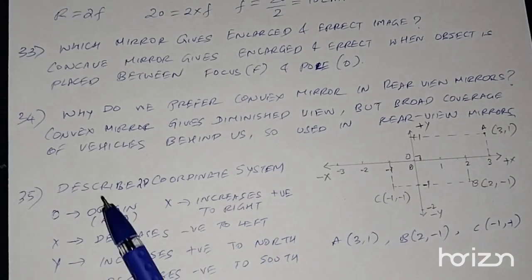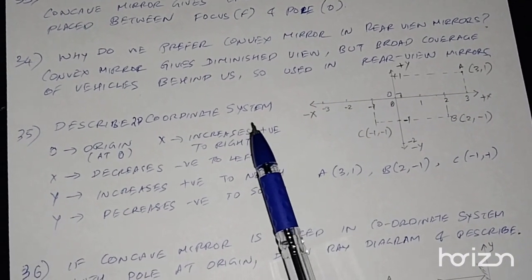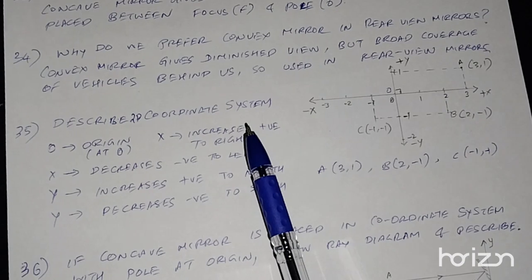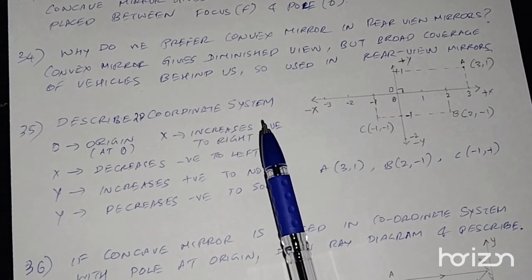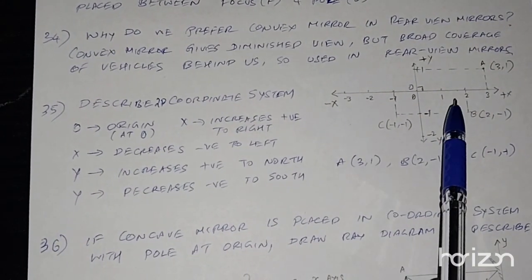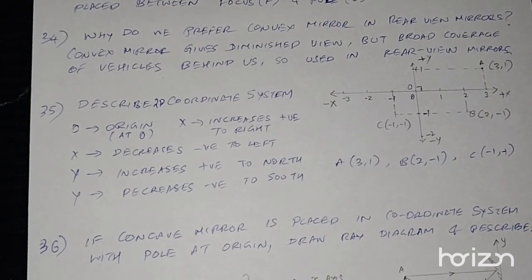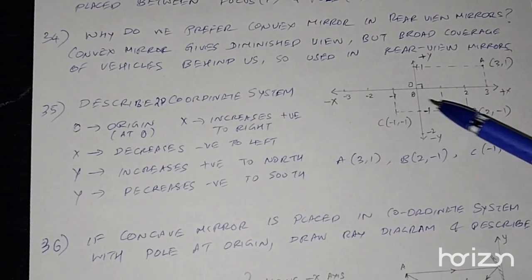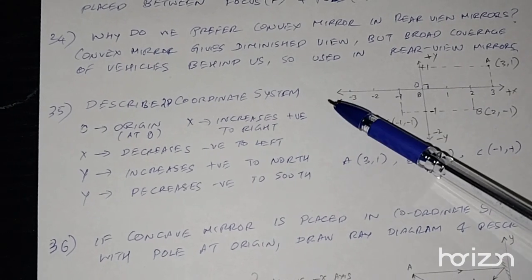Next question. Describe 2D coordinate system. Whenever you want to use the formula for calculating the position and size of images, etc., you need to understand the 2D coordinate system. So what is the 2D coordinate system? You have learned about this already in your previous classes. There is a coordinate system X which goes from left to right.